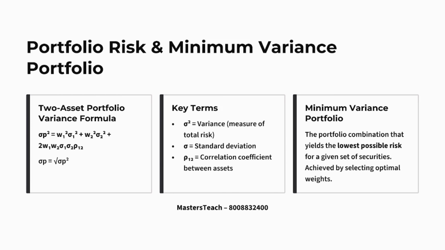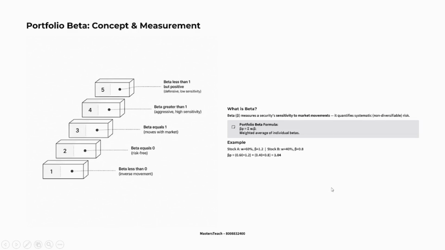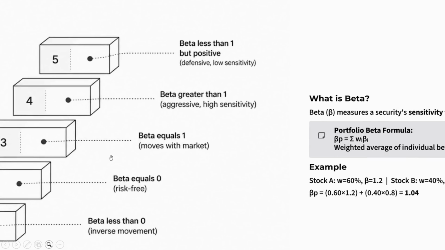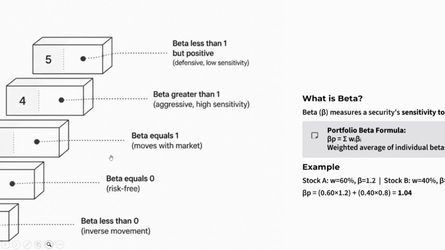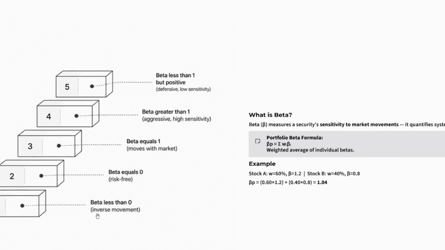So minimum variance portfolio: the portfolio combination that yields the lowest possible risk for a given set of securities, achieved by selecting optimal weights. Okay, so portfolio beta concept and measurement. Beta less than 0 means inverse movement, beta equal to 0 is risk free, beta equal to 1 moves with the market, beta greater than 1 is aggressive and highly sensitive, beta less than 1 but positive is defensive and low risk.